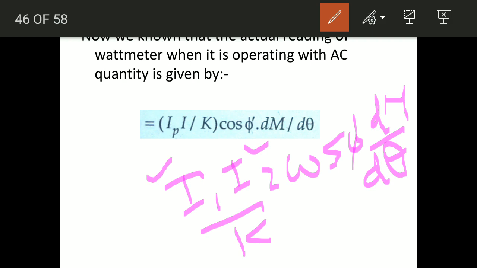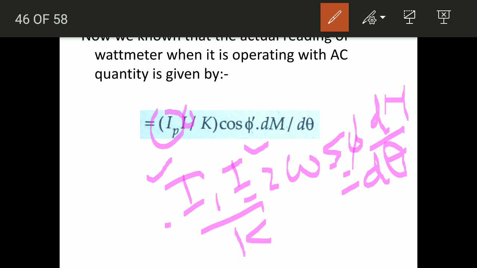But in this case, what we have done, we just change our abbreviations. So here the value of current flowing through the current coil is indicated by symbol I. So this is nothing but I. And the value of current flowing through the pressure coil is indicated by IP. So this indicates IP. And phi is nothing but the angle between I1 and I2.